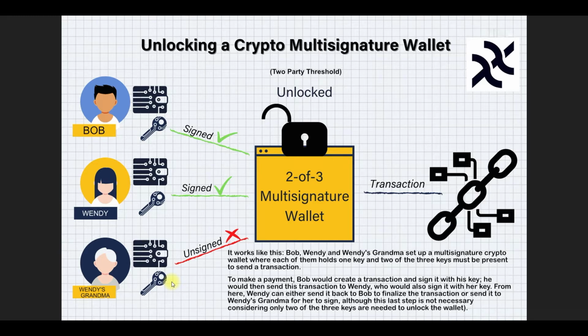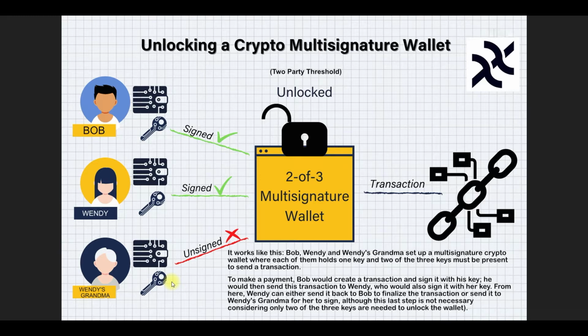It works like this. Bob, Wendy, and Wendy's grandma set up a multi-signature crypto wallet where each of them holds one key and two of the three keys must be present to send a transaction. To make a payment, Bob would create a transaction and sign it with his key. He would then send this transaction to Wendy, who would also sign it with her key.